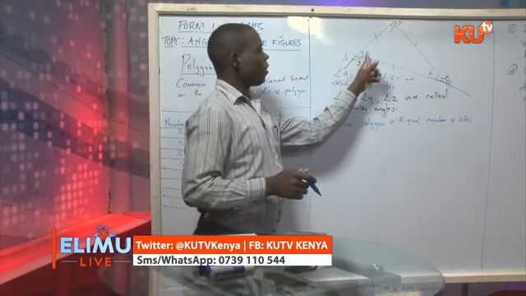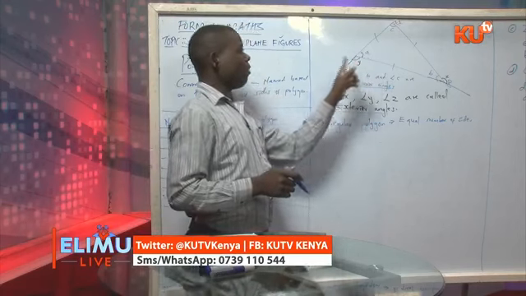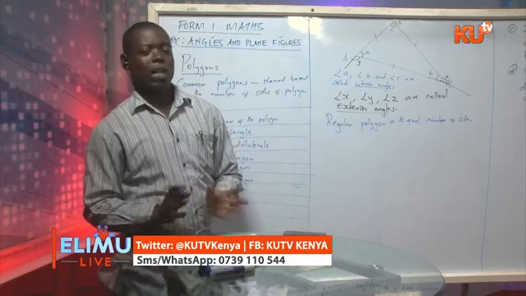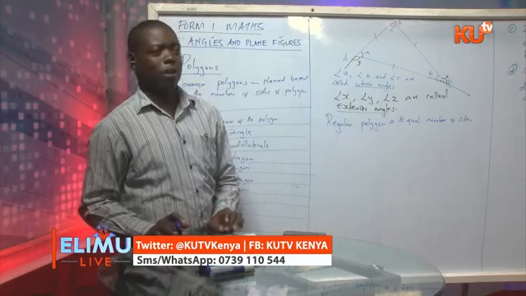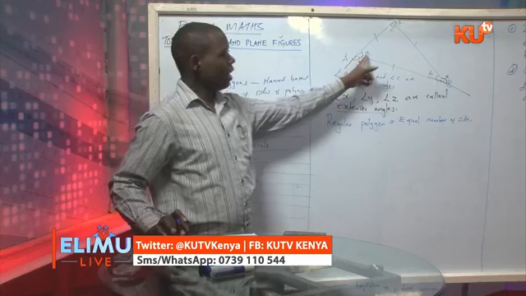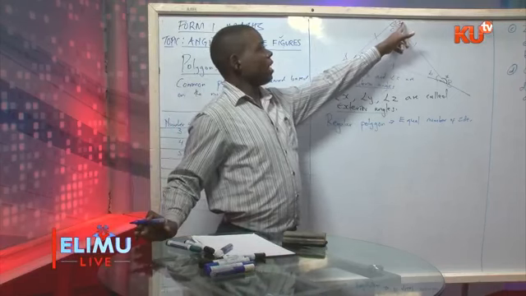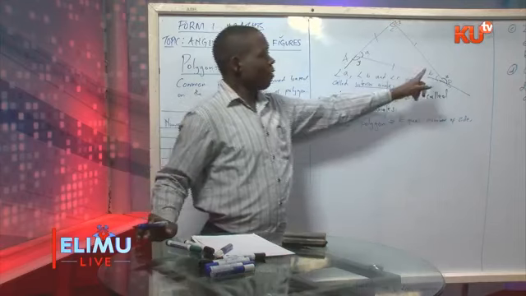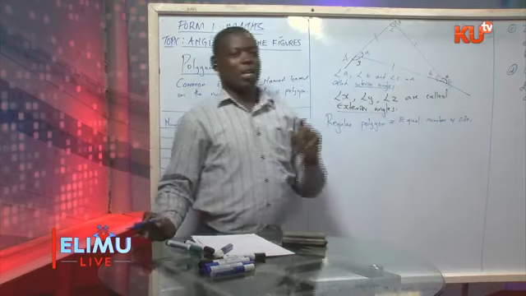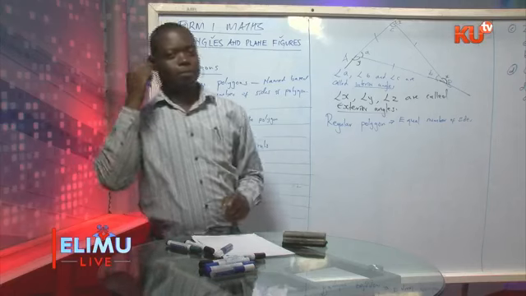If we all look at the angle A and angle Y, what can we say about them? Angle A, angle Y. Angle C against angle Z. Angle B and angle X. What can we say about them?